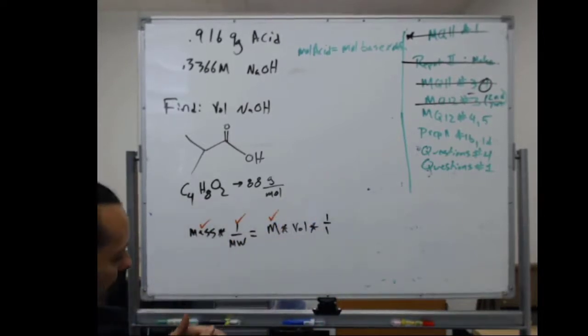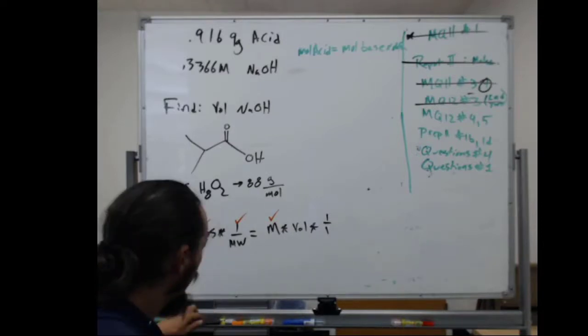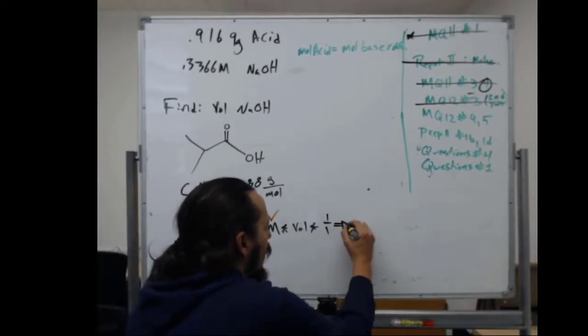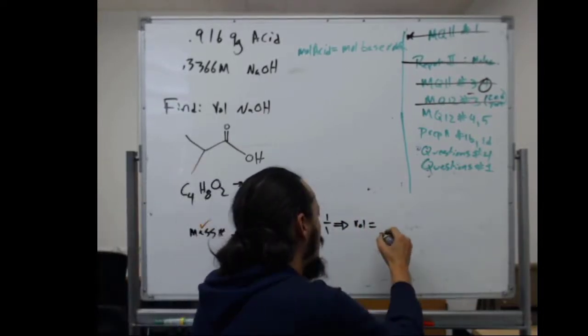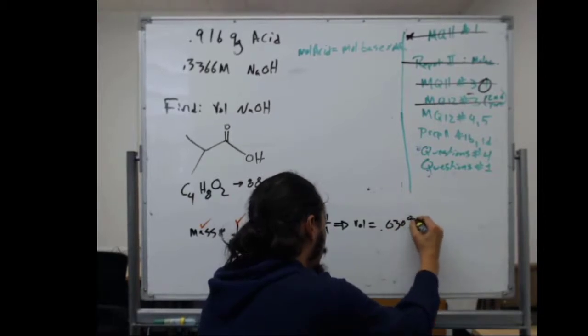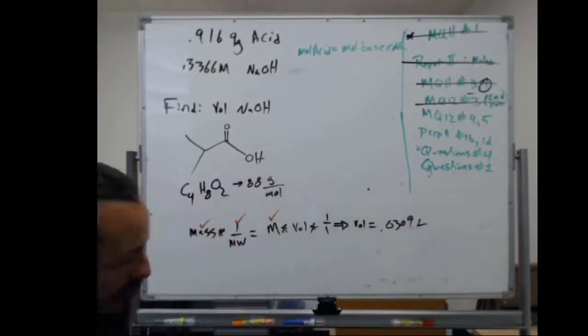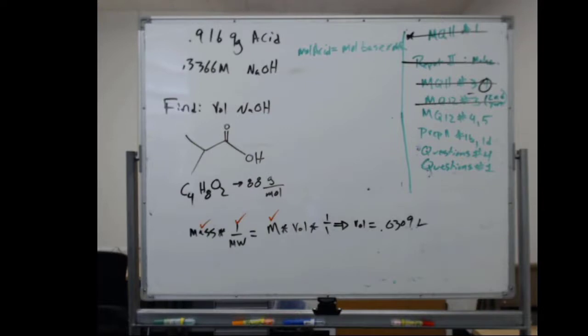We can now solve for volume. 0.916 divided by 88 divided by 0.3366. You get volume is equal to 0.0309 liters. Making sure to convert to milliliters because it asks for the answer in milliliters.